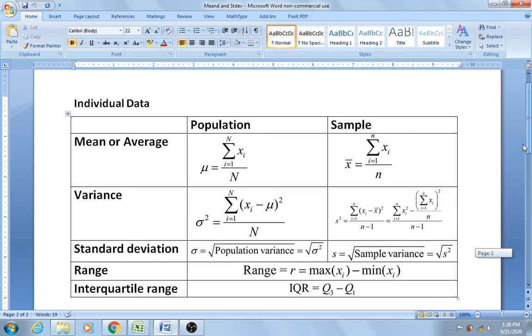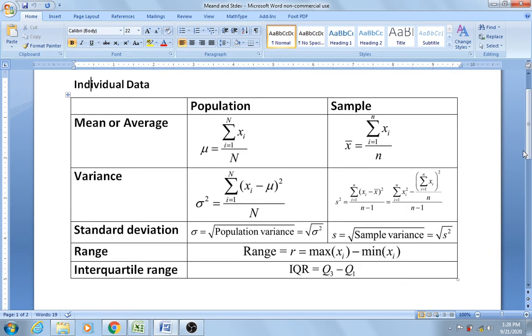I will start with the individual data. For the individual data, we need to pay attention to what if the data is a population, and what if the data is a random sample that we take from a population.